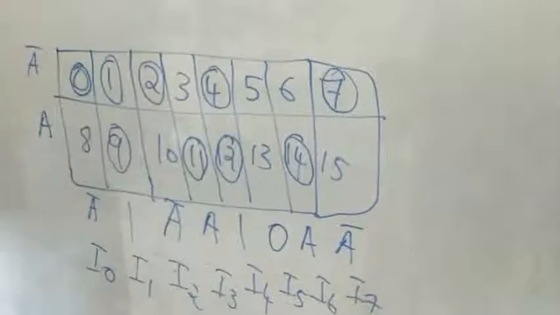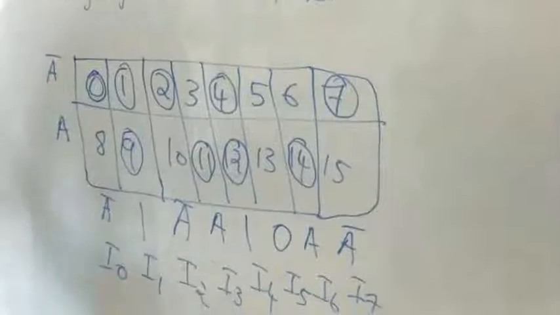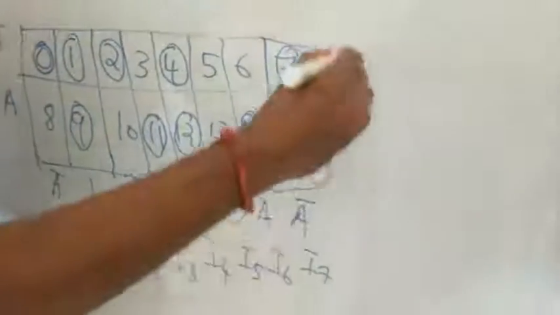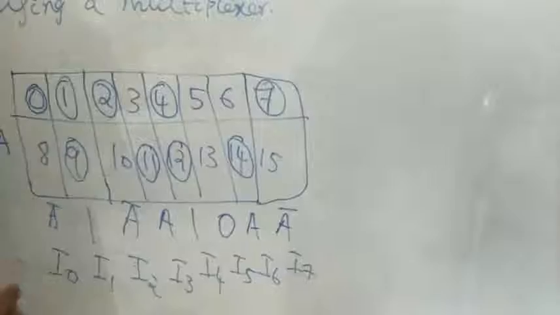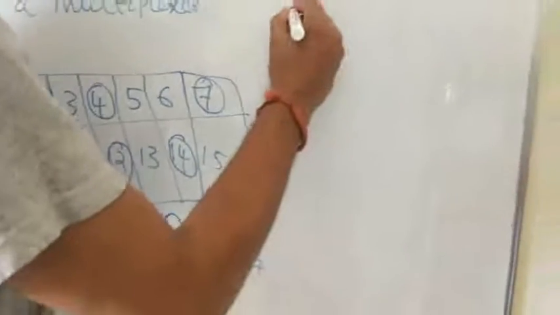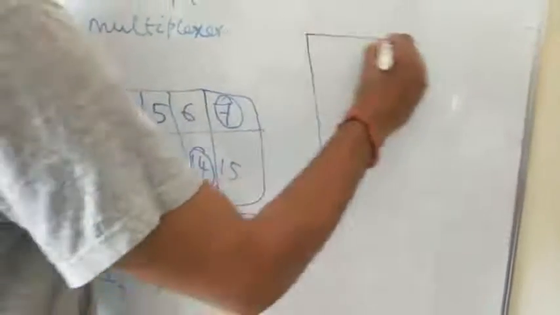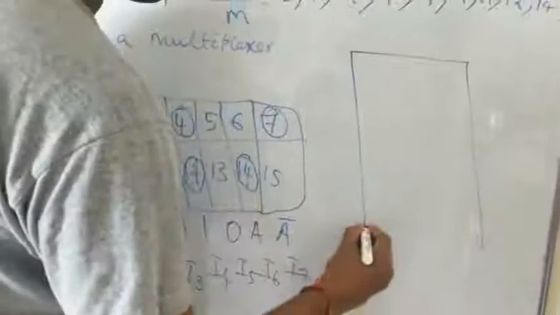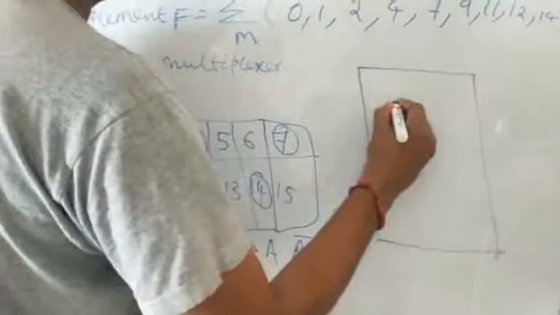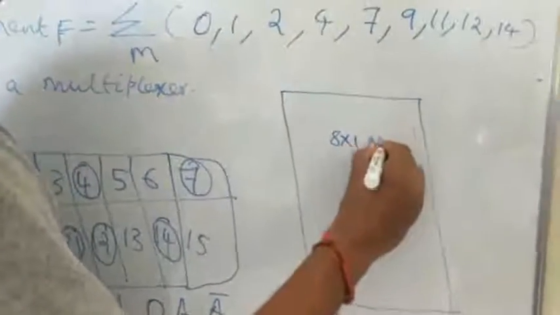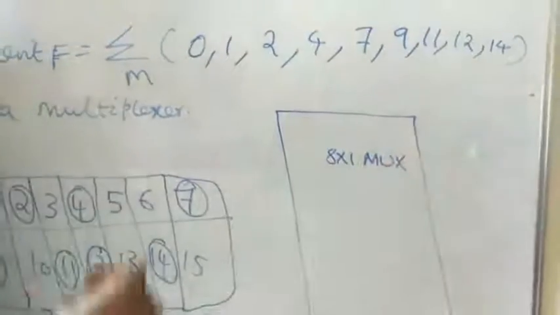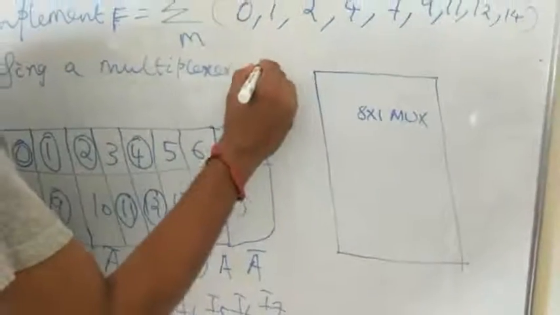Now we are going to construct the block diagram for this using an 8x1 multiplexer, because there are 8 data inputs. What is the first value? A dash.